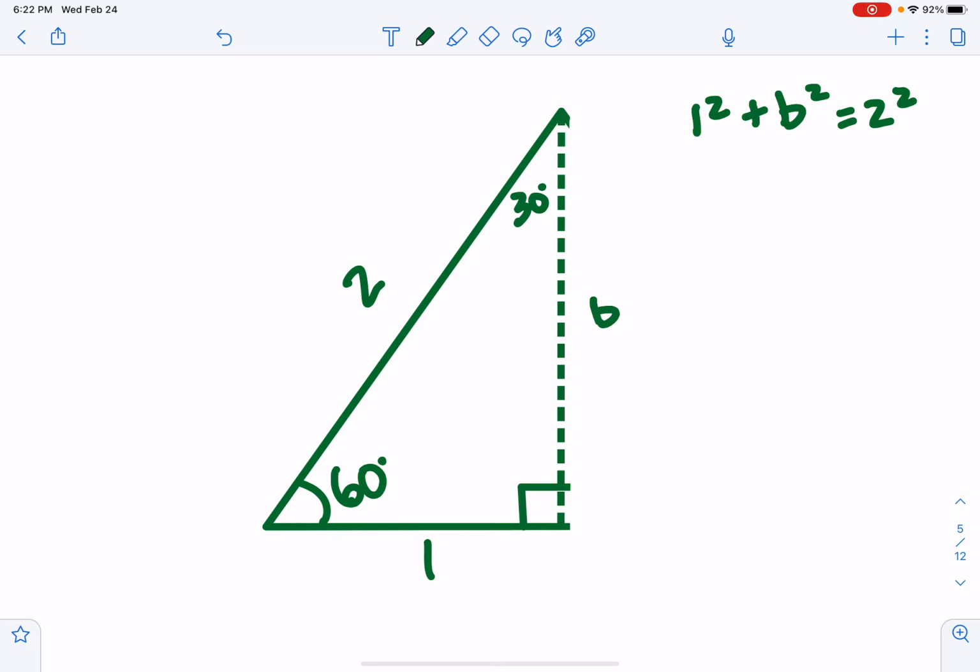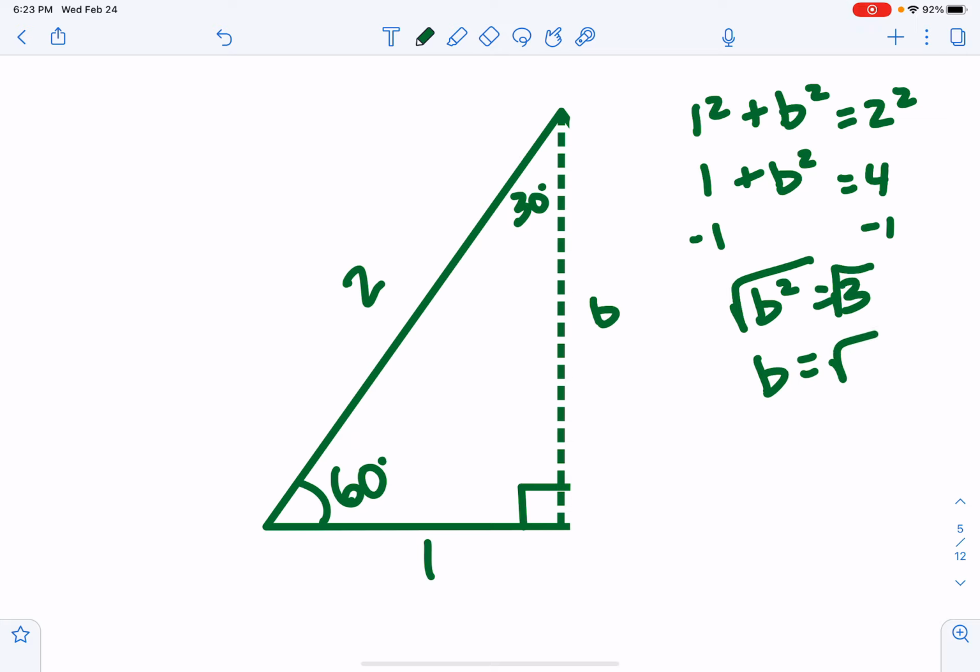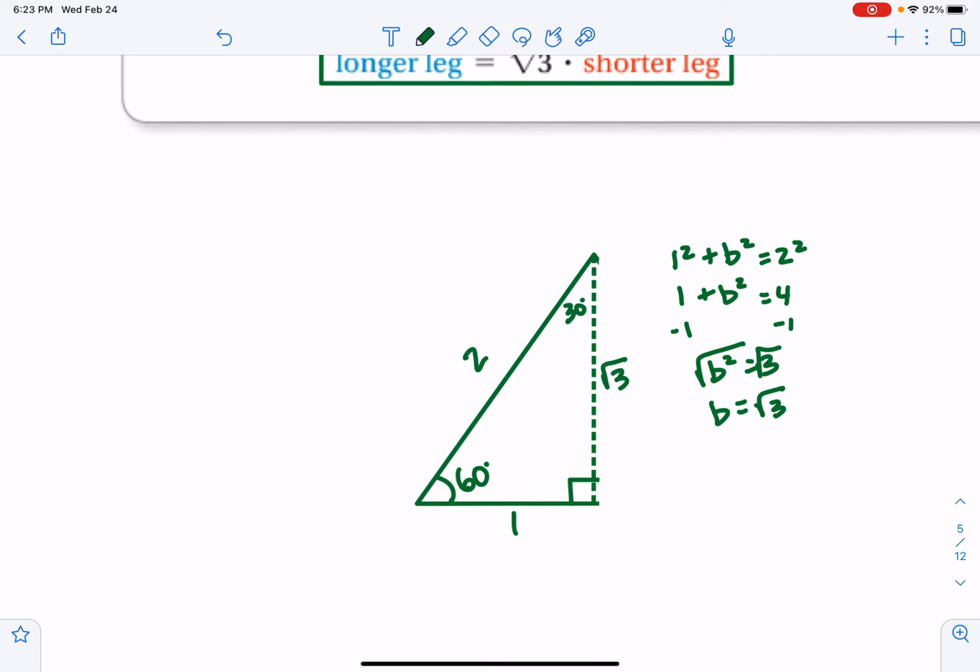And we could solve a little bit of Pythagorean theorem, and b is the square root of 3, which is some kind of decimal. This is where this rule comes from.